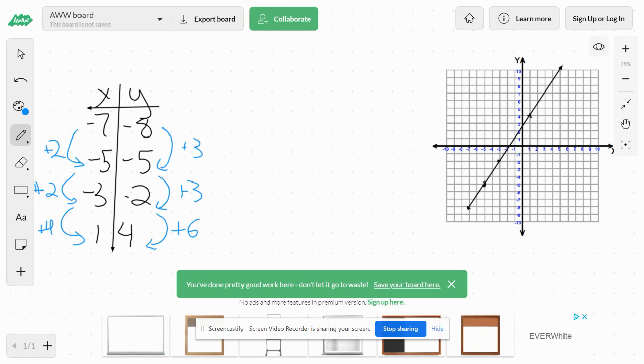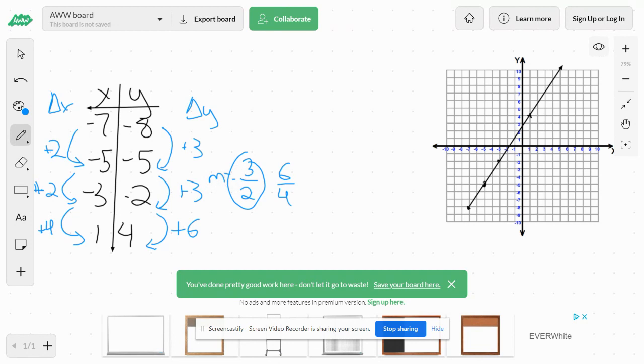So if I'm looking at my ratios, remember I do change in y over change in x. So I either have 3/2 or 6/4. But luckily they're equal anyway.